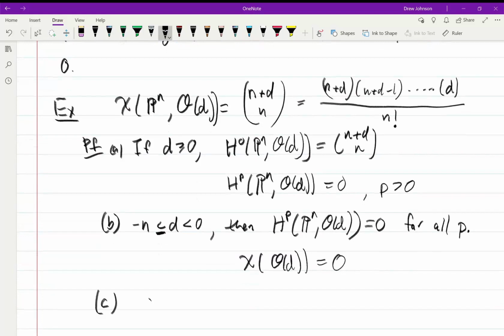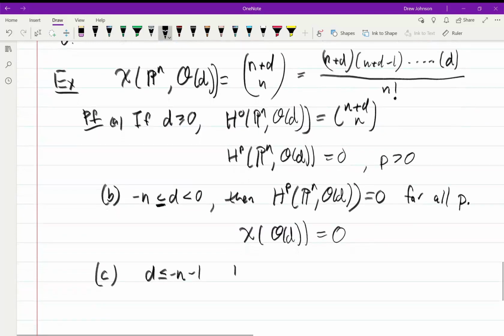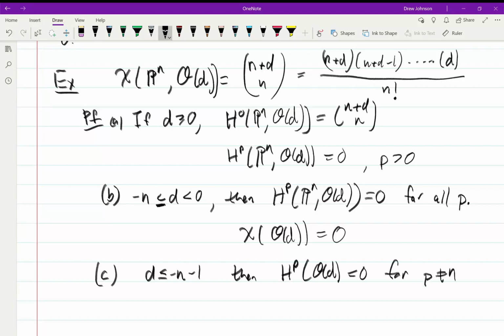Now let's consider the case where d is less than or equal to minus n minus 1. Then Hp of O(d) equals 0 for all p that are not equal to n. And then Hn of O(d) will be equal to, I believe, minus d minus 1, choose n.